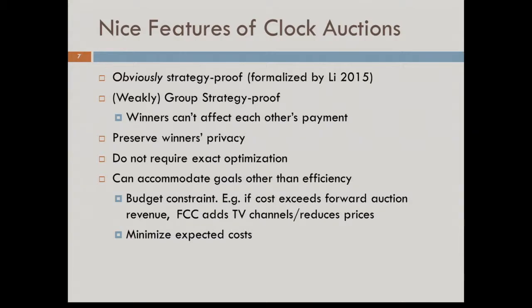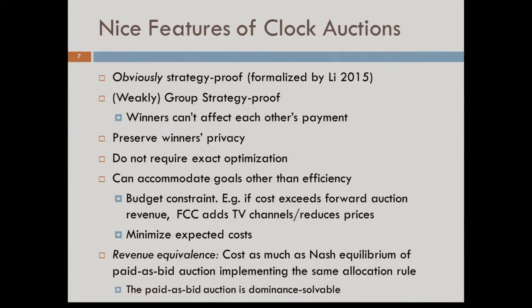Now you can also add some expected cost minimization, because maybe you care about costs, not just about efficiency, because efficiency might be too costly anyway. You know the Myerson-Satterthwaite theorem: because this is a two-sided market, you cannot expect to get perfect efficiency here, because that would require you to subsidize. So if you cannot subsidize, you start caring about cost reduction, and we can tweak the auction for that purpose.